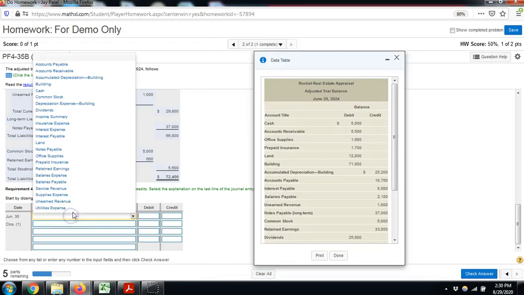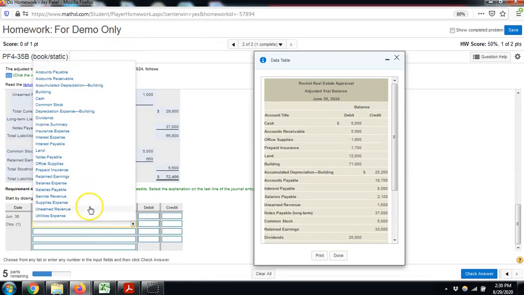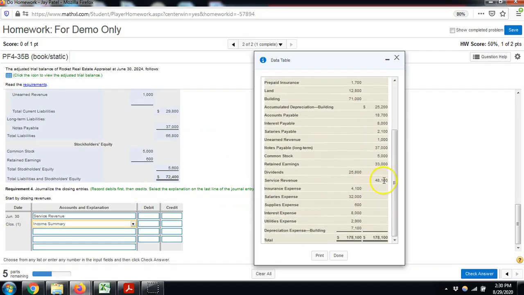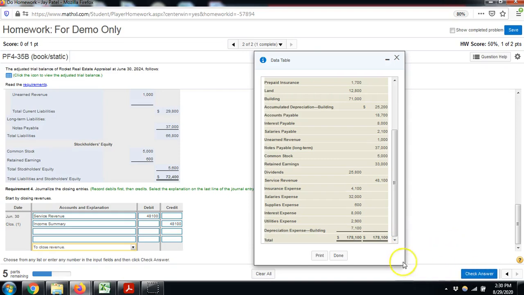So we debit service revenue, credit income summary by our revenue, which we got from this adjusted trial balance. Don't forget the memo.